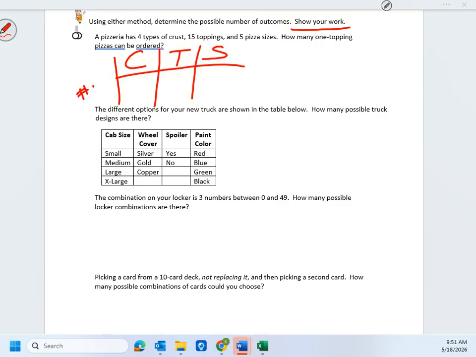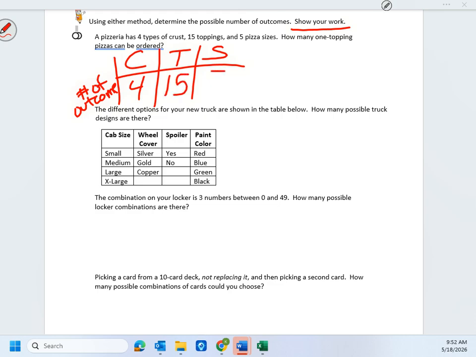Now we have to put number of outcomes for each event. How many outcomes are there for choosing the crust? Rhoda, 4. How many outcomes are there for choosing toppings? One topping. Fernanda, 15. How many outcomes are there for choosing a size?